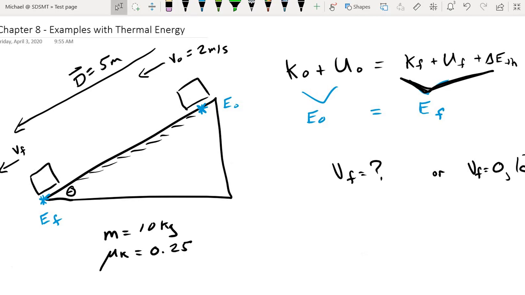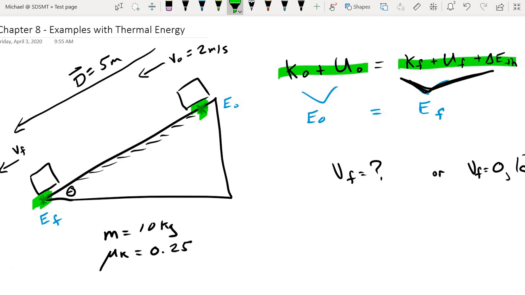Our next step is, since we're comparing the initial energy to the final energy, what I really need to do is figure out which location I have more information about.